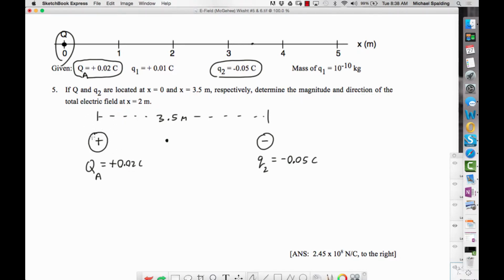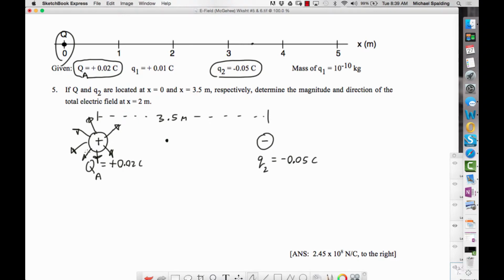Now, what's the definition for the direction of the electric field? The direction of the electric field is the direction that a little positive guy will experience a force. So if you put a little positive guy right here, which way is the force on that guy? Away. So in general, electric fields go out from big positive in all directions like this. So I'm showing the electric field lines around this charge.